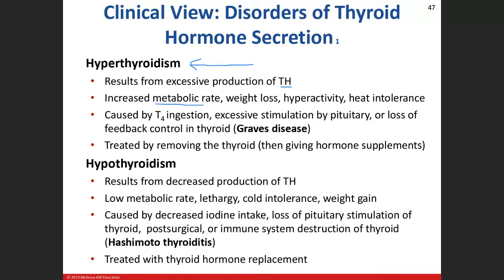So what happens is there's weight loss. Why? Because you're constantly releasing nutrients into the bloodstream. Those nutrients are being used by the cell for metabolism. So you're not storing fat. You're not storing sugars. You don't have time to accumulate things. So you start to lose weight.